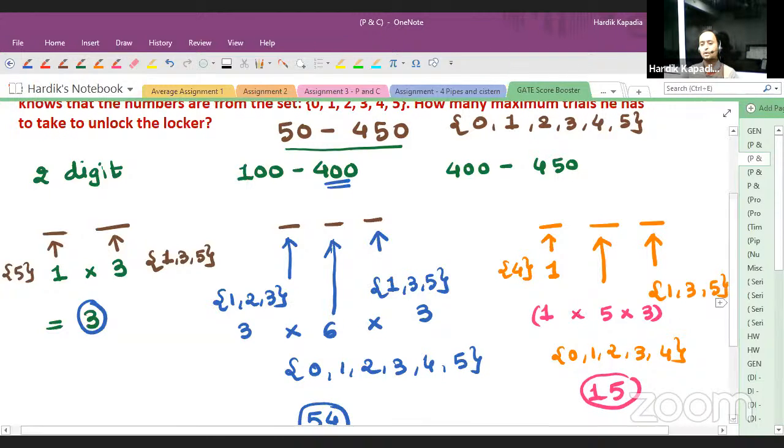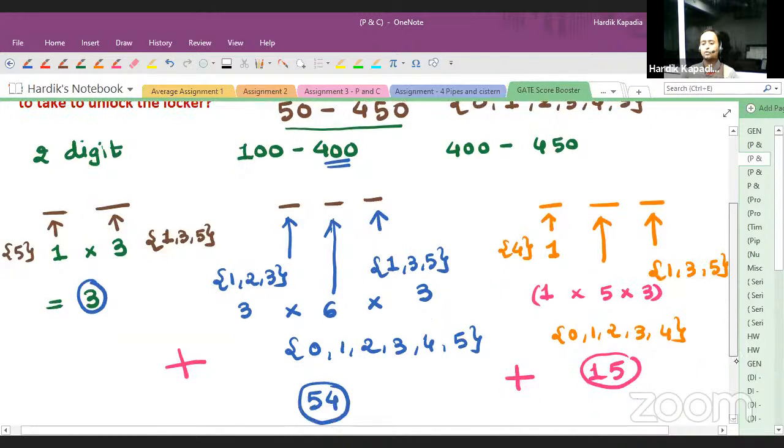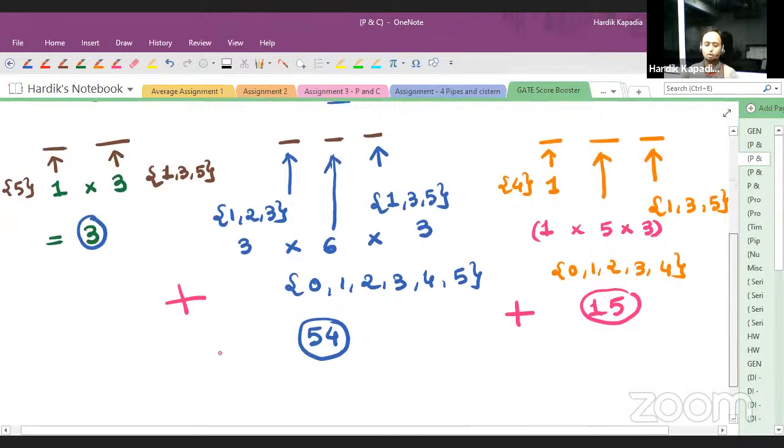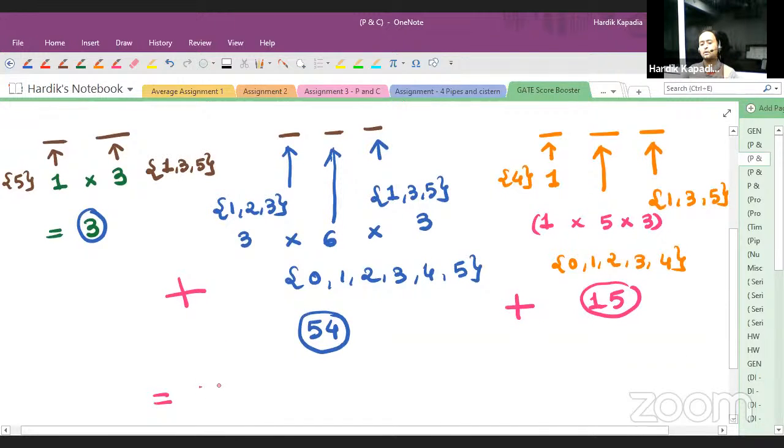So either this or this or this. So 54 plus 15 plus 3, and your answer is 72 ways.